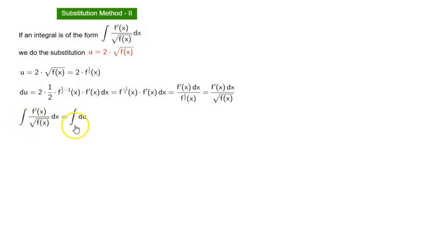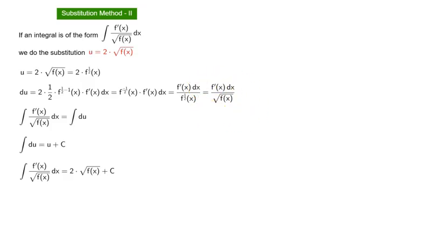We are left with integral of du. Pretty straightforward. So integral of du is equal to u plus c. And substituting back, we get integral of f prime of x dx by square root of f of x is equal to 2 times the square root of f of x plus c. Substituting this makes it very, very simple.